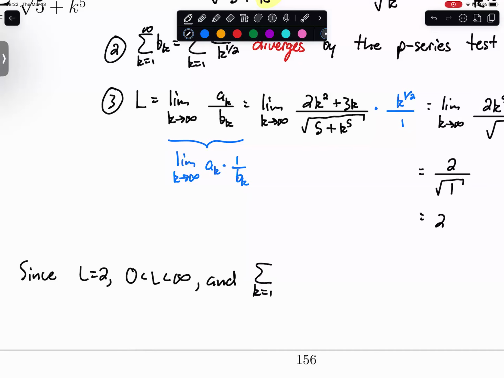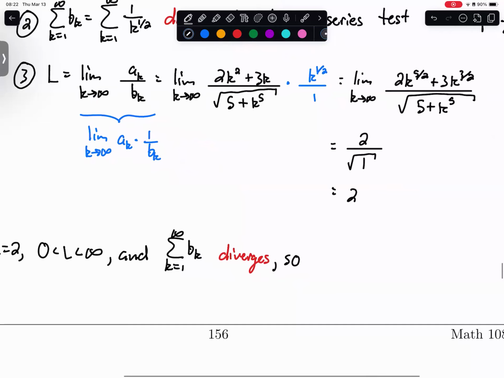However, I also know that the series that I'm comparing with, I already know from step 2 that the series diverges. So putting all that together, there's only one option for the given series, and that is the given series must also diverge by limit comparison tests.